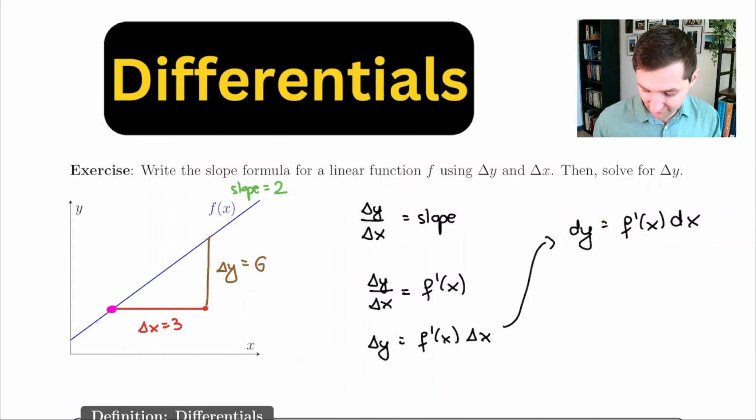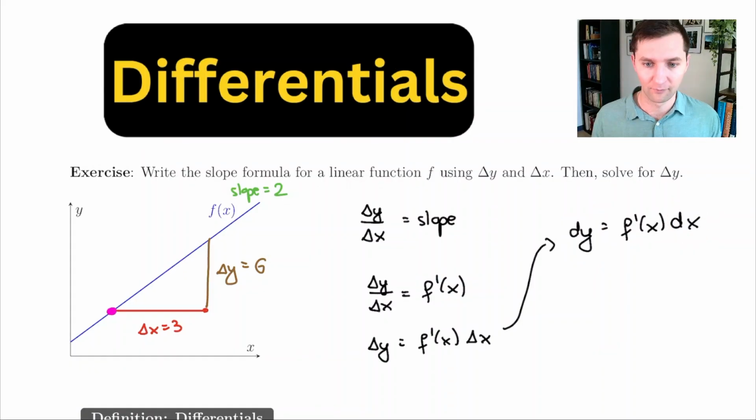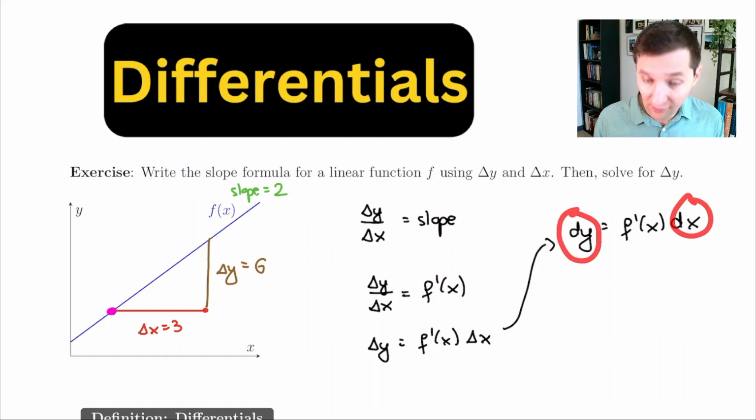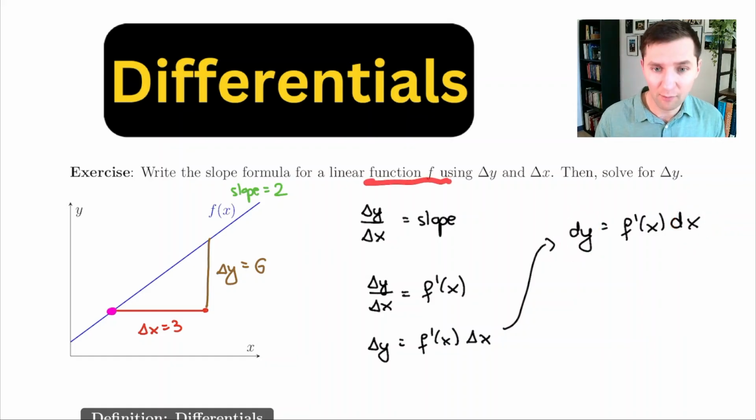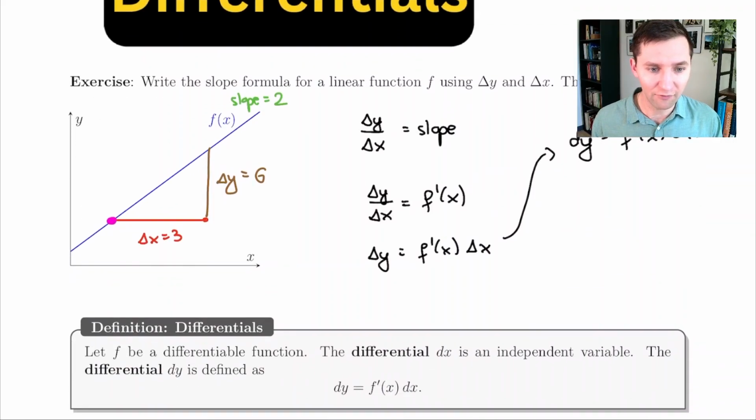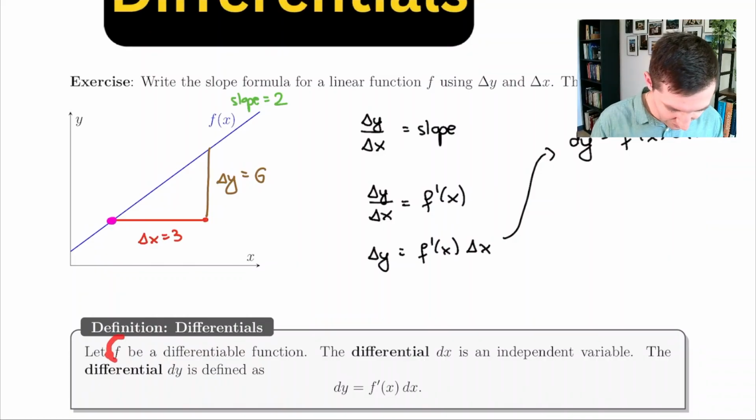Dy depends on dx. Mathematicians decided to define dx and dy not for just linear functions, but also for other functions. This is exactly what the next definition says. If you're given a differentiable function f, then the differential dx is an independent variable.